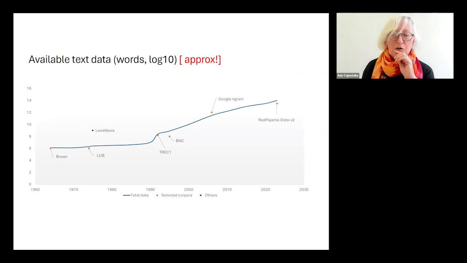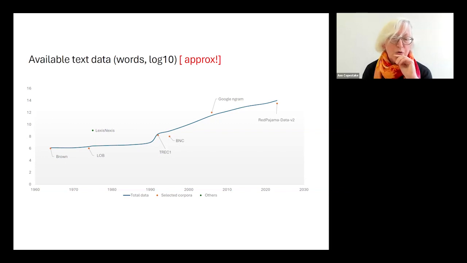Here's a slide which, please don't take it terribly seriously, but it's my best attempt to start talking about information and the vast language stuff that exists electronically. This is what I see as the available text data for researchers on a log scale.